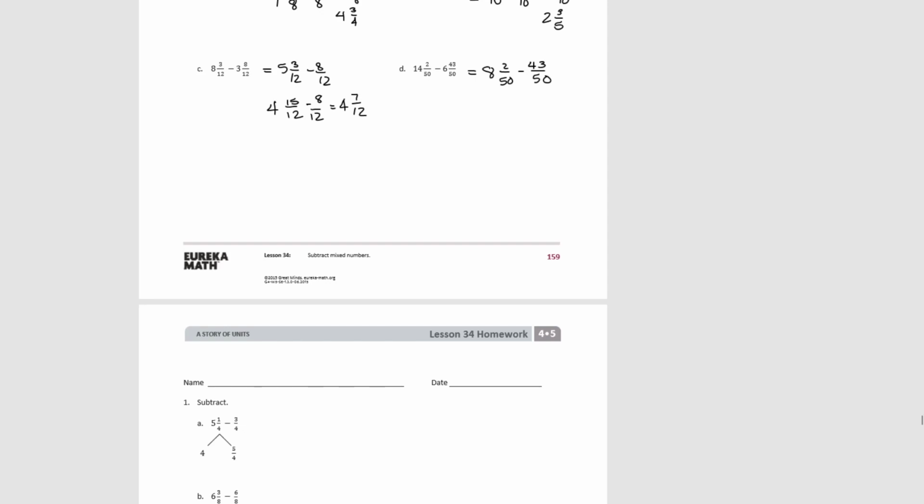Rewrite the mixed number. And that concludes lesson 34.